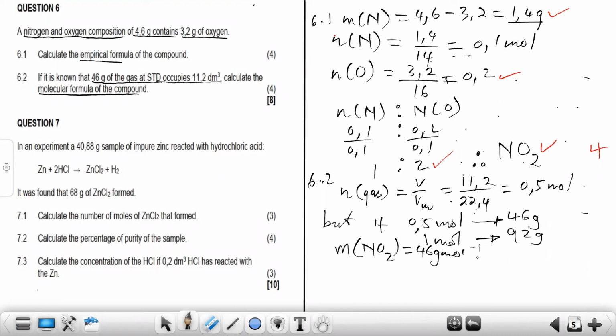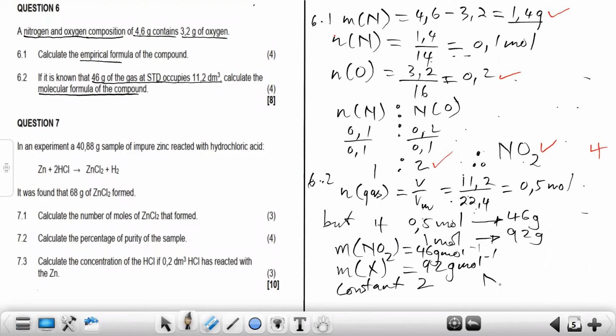And now I want to know the molar mass of X. So the molar mass of X in this case must be just what? Must be 92. So we divide this, and then we get a constant, a multiplier, which is just 2.